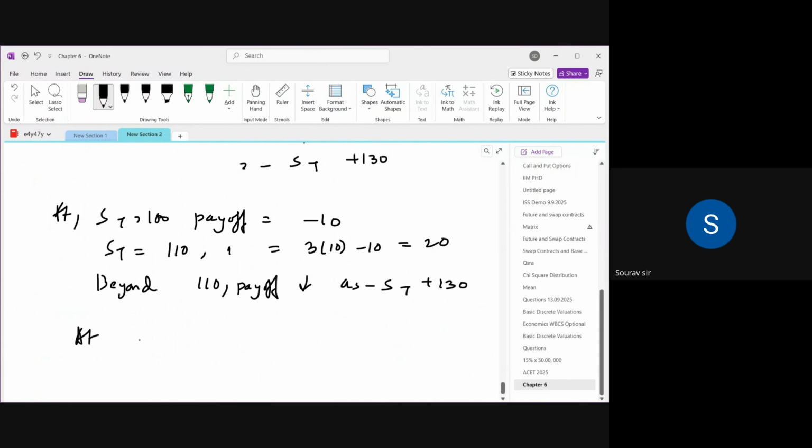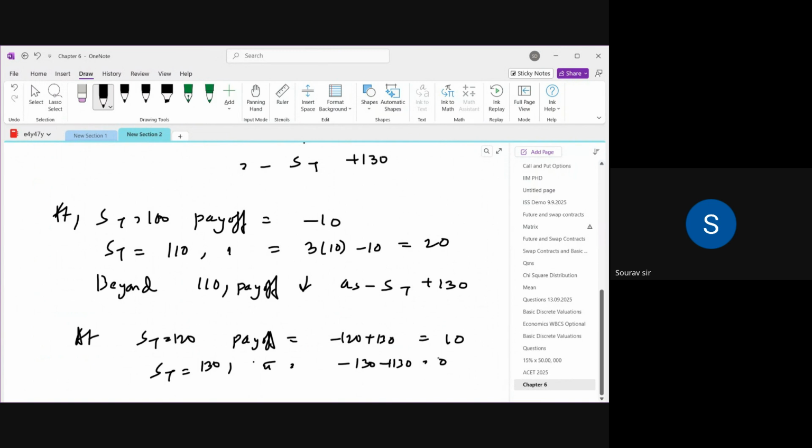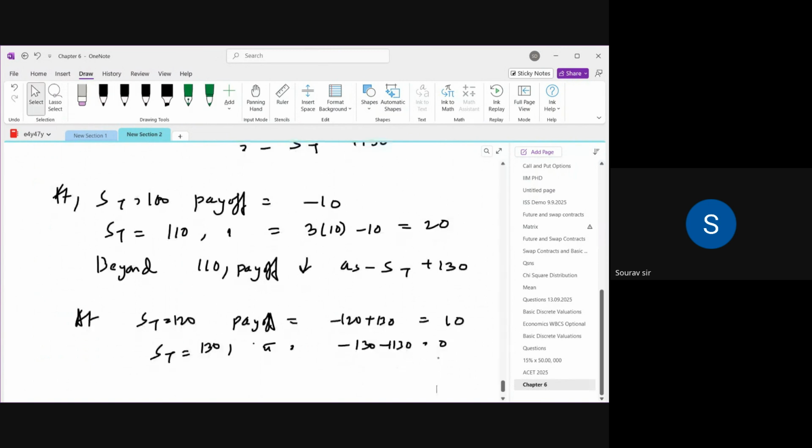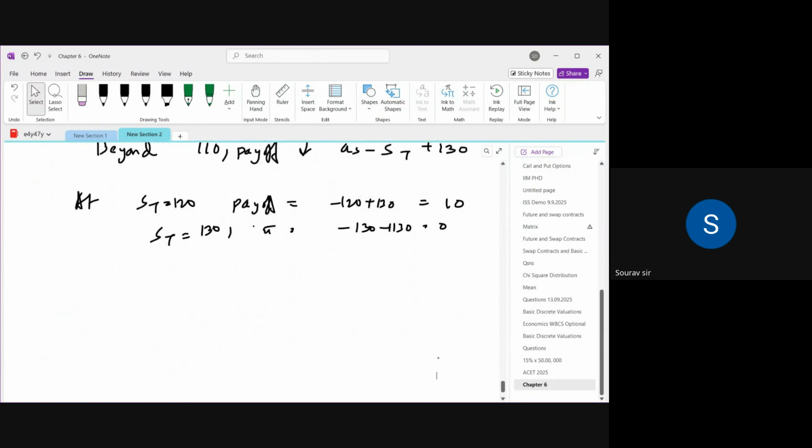So at ST equal to 120, payoff will be minus 120 plus 130. So that is 10. At ST equal to 130, payoff will be 0, break even. Tell me if there is any question.